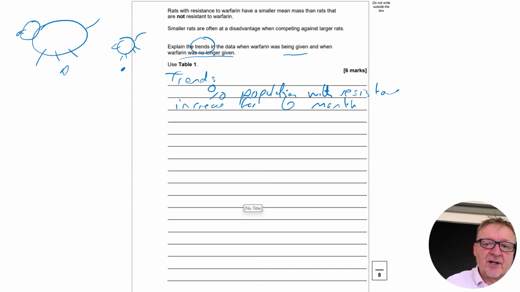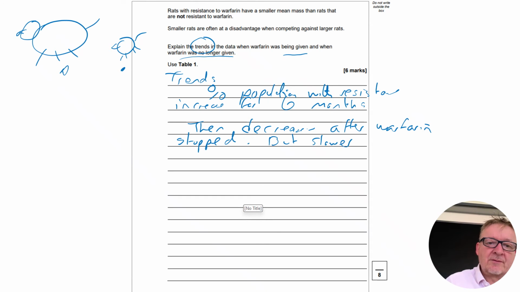Okay, can't get much higher than 99% really. Then it decreases after warfarin stopped, but slower. Okay, so what I'm doing there is I'm just describing.